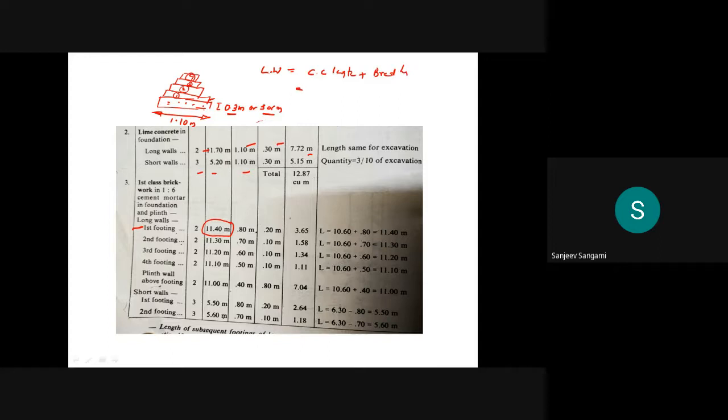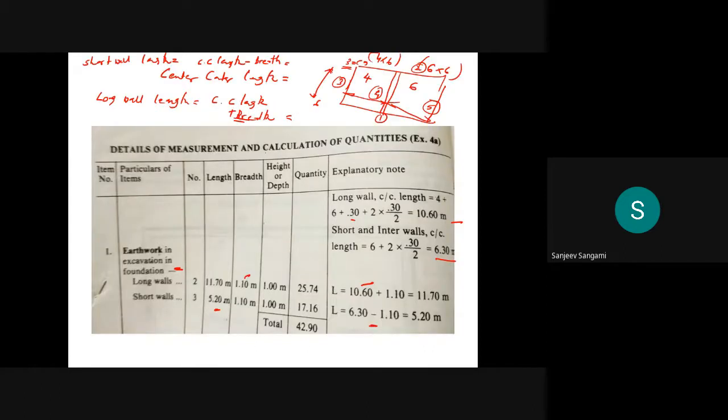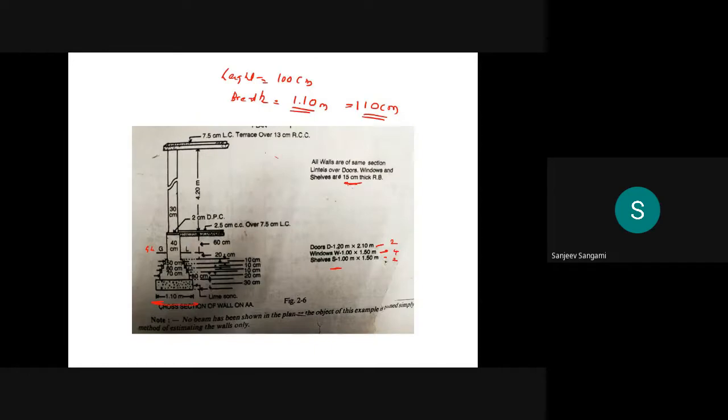You first check how much breadth is there. If you go back and check, he has given the breadth as 80 centimeters. 80, 70, 60, 50, 40.